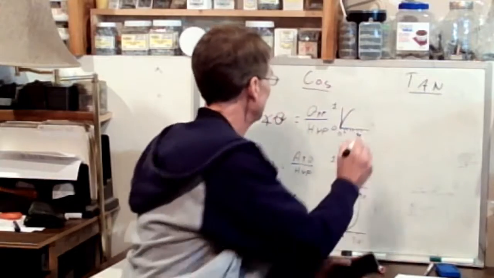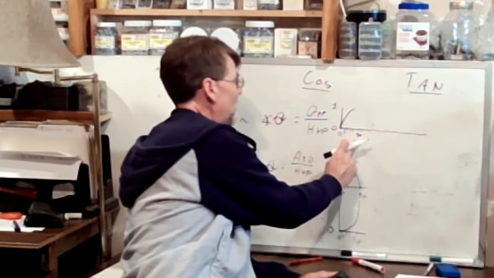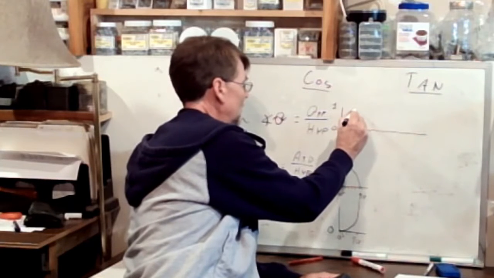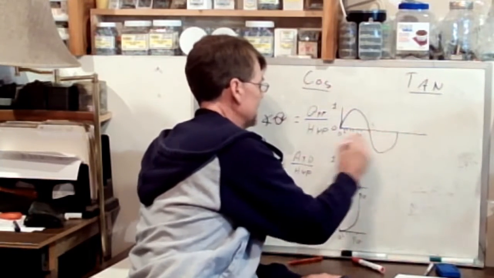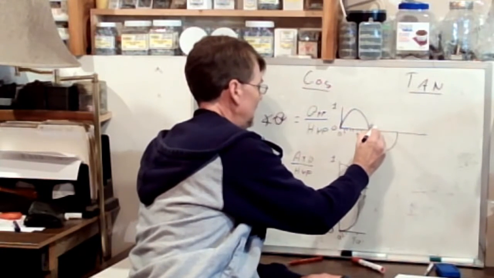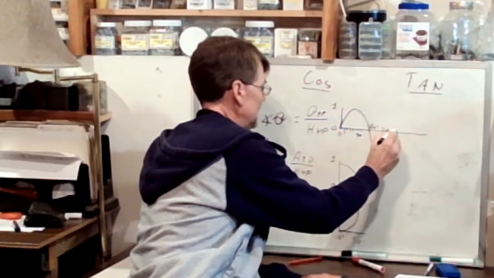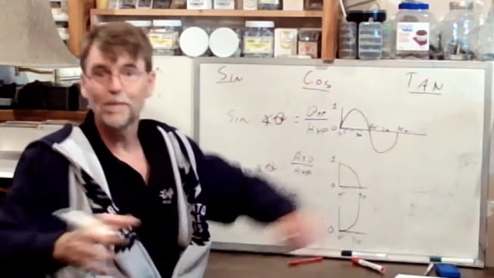The way this happens, and this is going to look very familiar, if we extend beyond the 90 degrees, there's our sine wave right there. This is 180 degrees, 270, 360. So we've already talked about the sine wave.